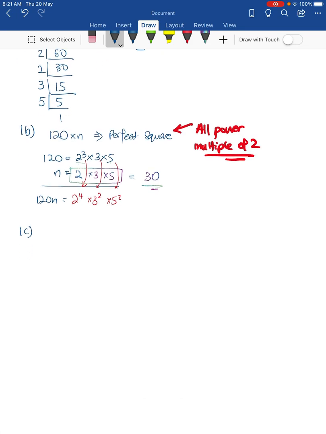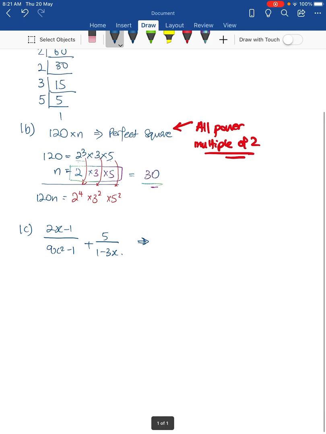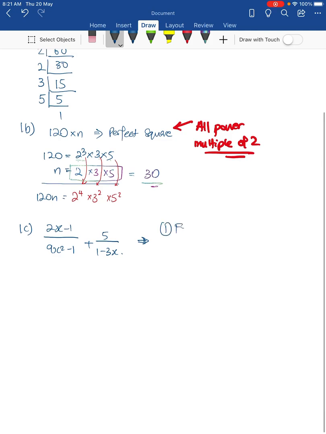1C is a fractional algebra. Let me just write down the question first. Over 9x squared minus 1 plus 5 over 1 minus 3x. So how do we do this kind of fractional algebra? First thing, of course, we try to factorize whenever possible, which I mentioned when I go through this paper.